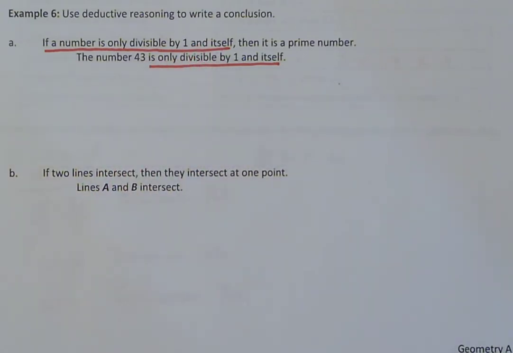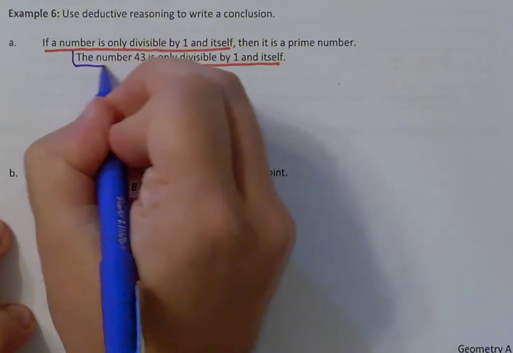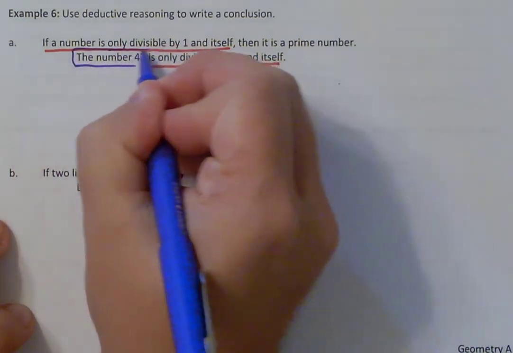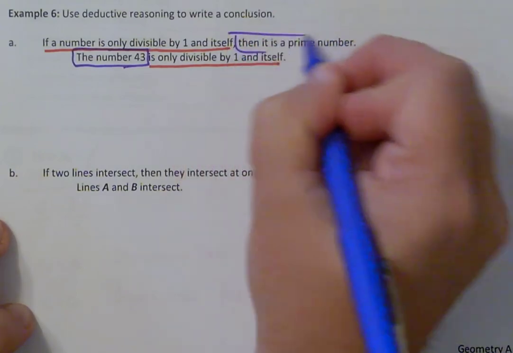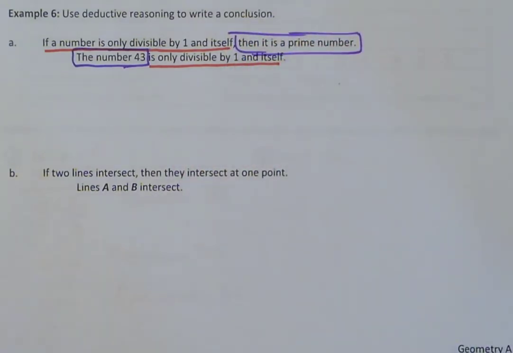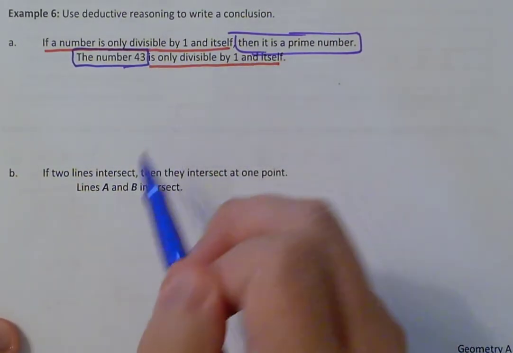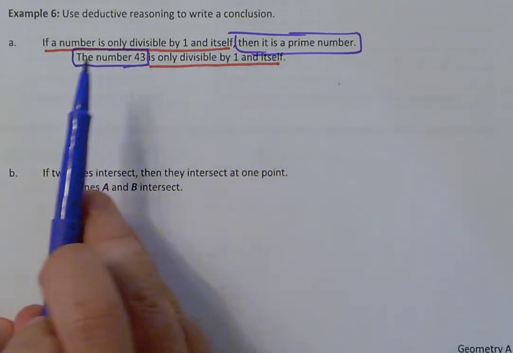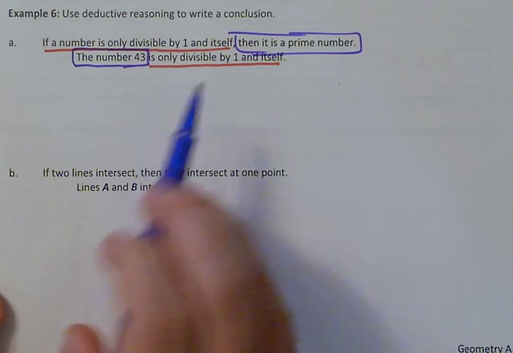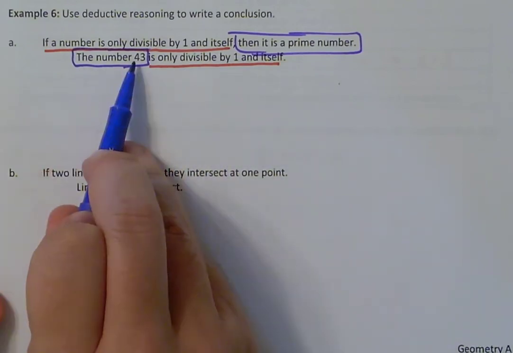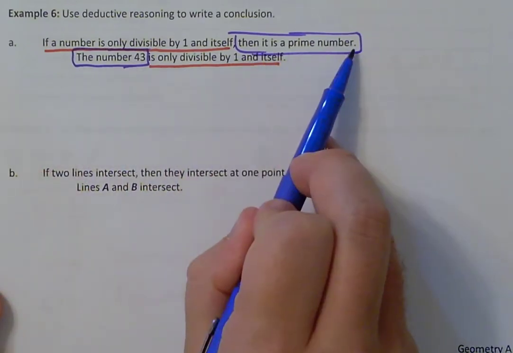Well then, the part that is remaining is the number 43, and then it is a prime number. So what you're going to do is take these two, and that's going to be your conclusion. How we're going to set this up is we cancel out the part that's in common, and then we just take the number 43 is a prime number.